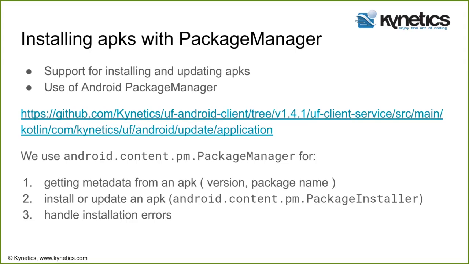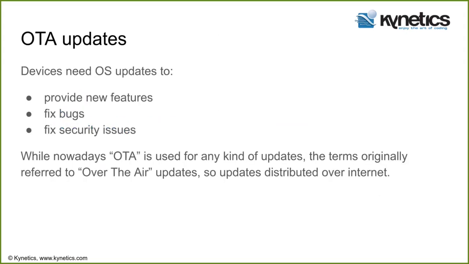I provided the reference in the link here, and I will provide the slides so you can have a look at the code. Again, remember this is EPL v2 license, so contributions need to be under the same license.